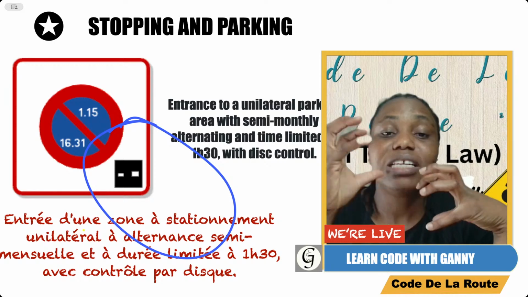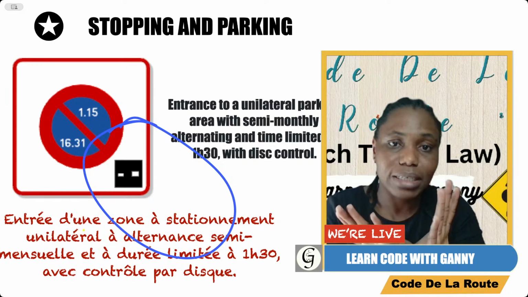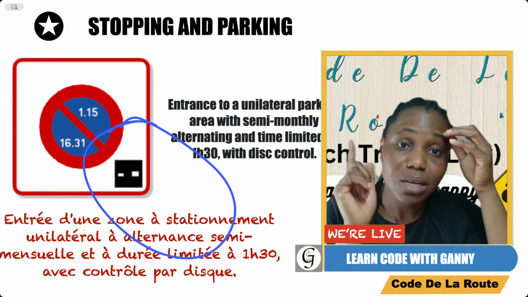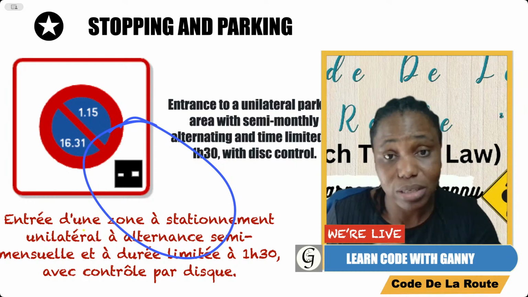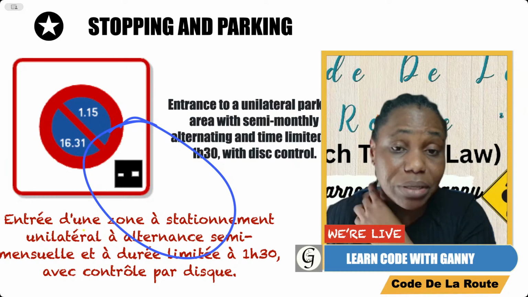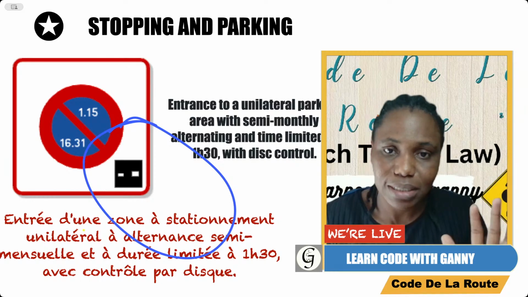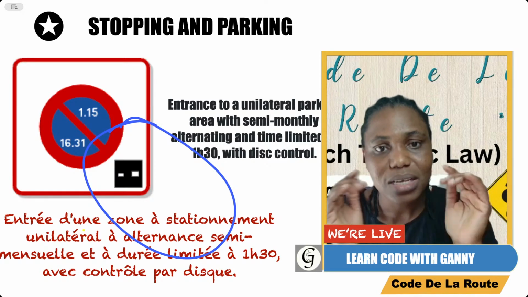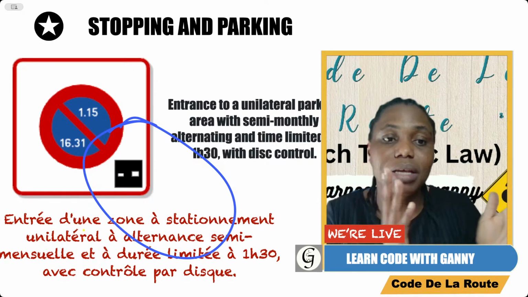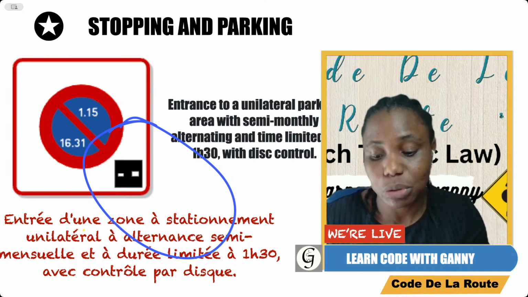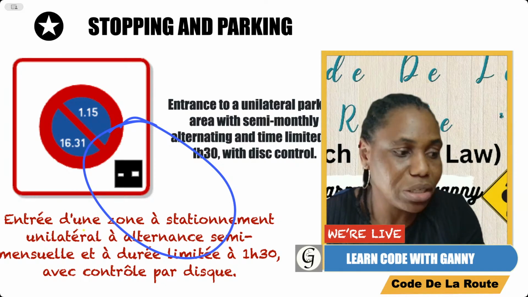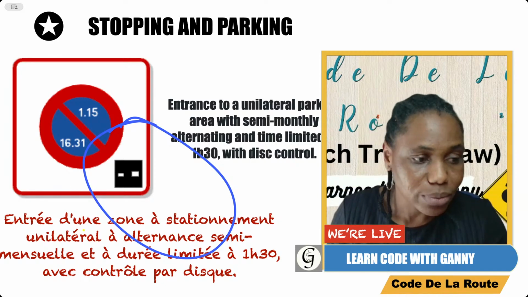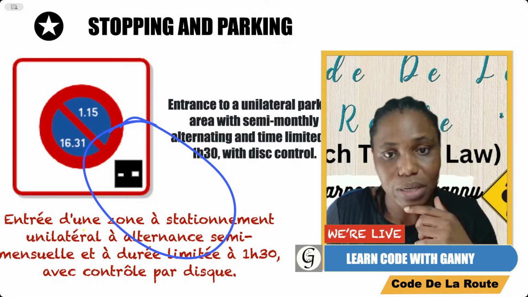The difference is that it's alternate, as we explained, 1 to 15 and 16 to 31, as at the beginning of this video. When it is 1 to 15, that is côté impair. 16 to 31 is côté pair. So that is just the difference. If you have not joined from the beginning, you can go there and cross check what we are talking about.